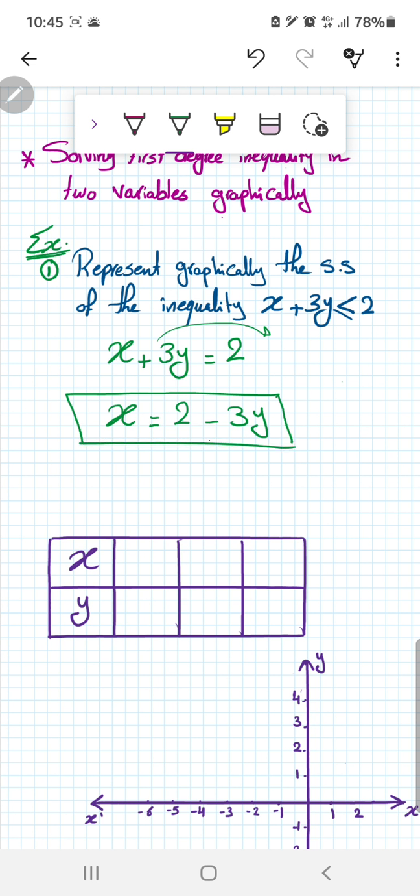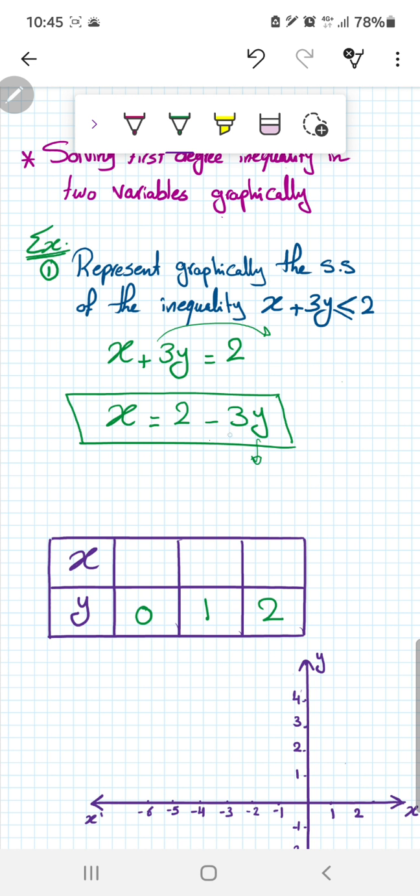It will be an equation of first degree, represented by a straight line. So draw a table as we studied in prep 2. Write values of y, any three values like 0, 1, 2, and substitute to get the values of x.